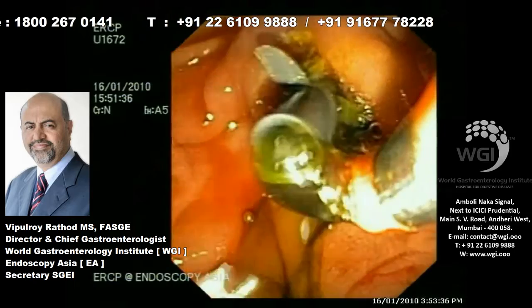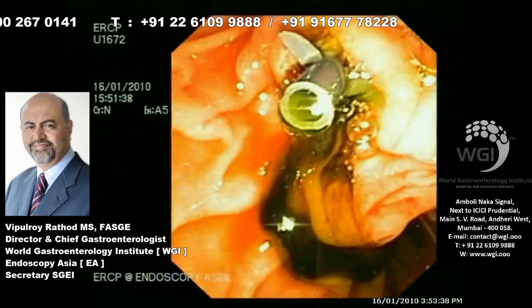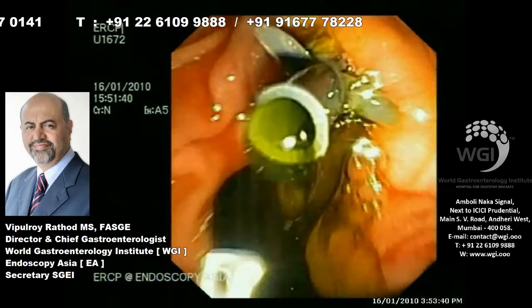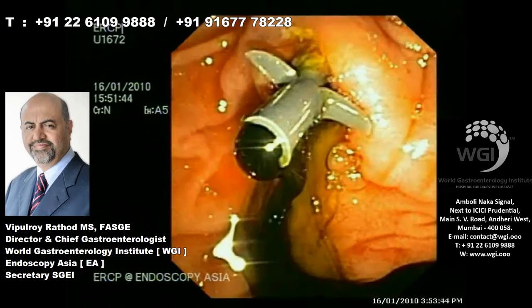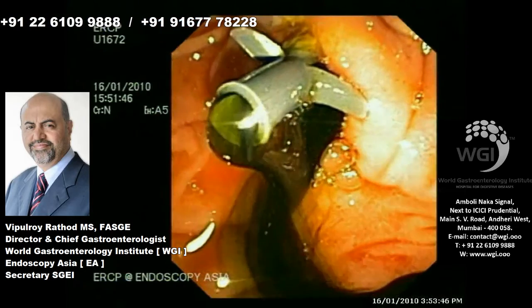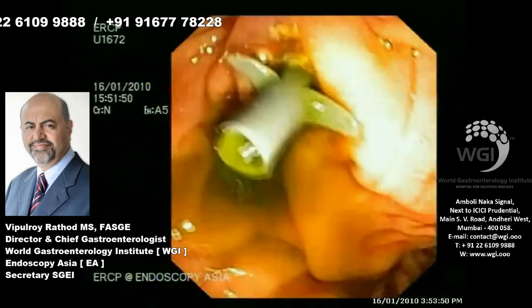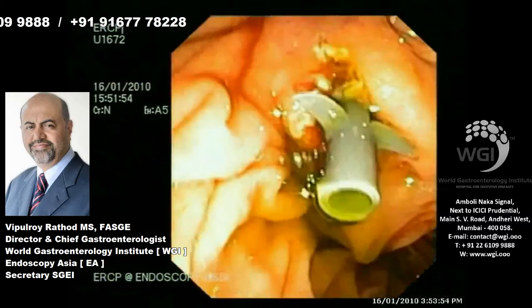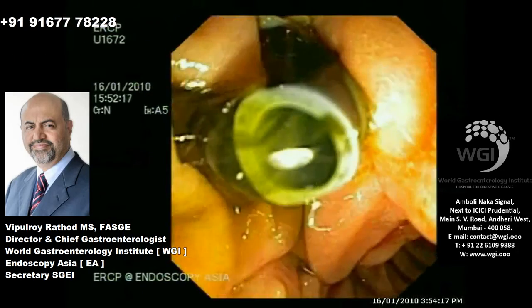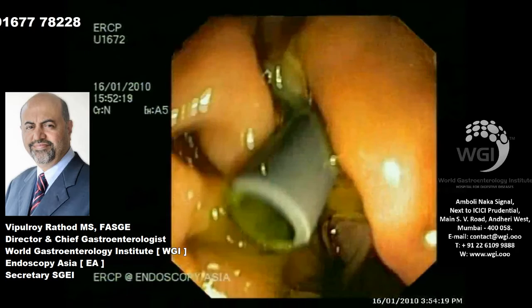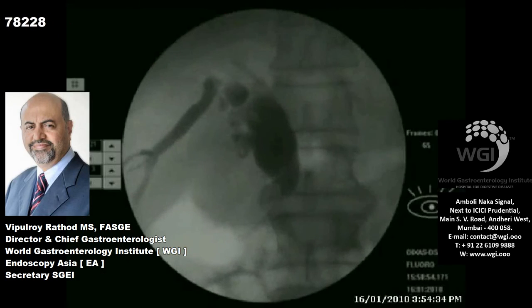So I personally feel that this kind of stent can take any severity of stricture, any sclerotic nature of the stricture, and it slides easily. Again, Teflon stents have a low coefficient of friction and therefore the occlusion rate is comparatively lower than routine plastic stents.